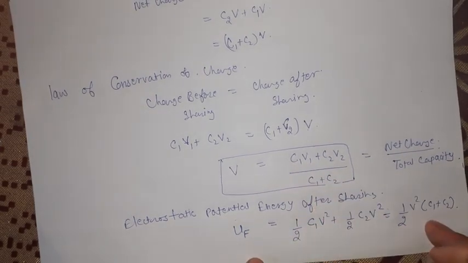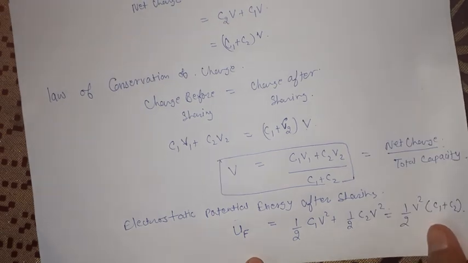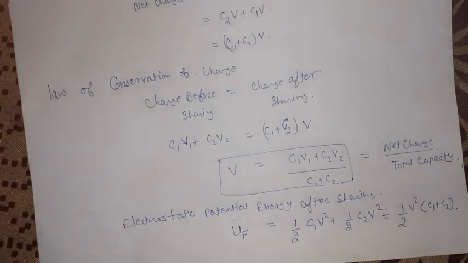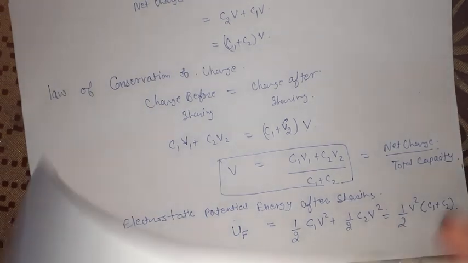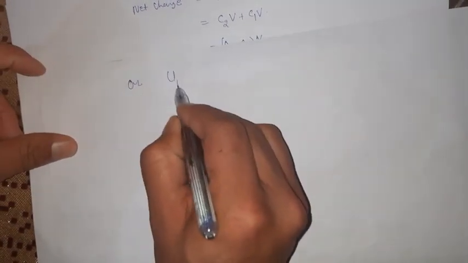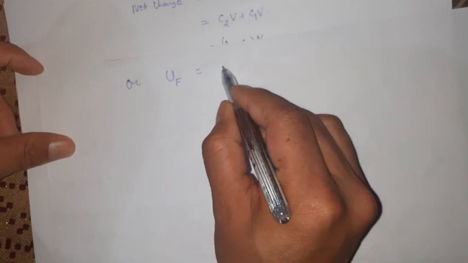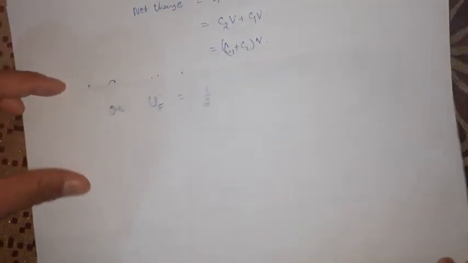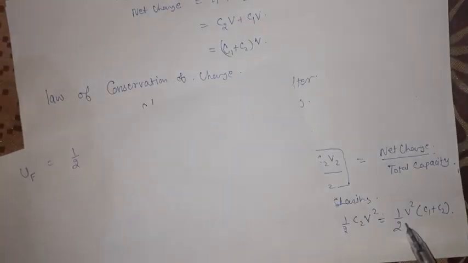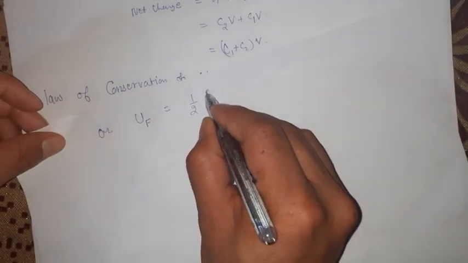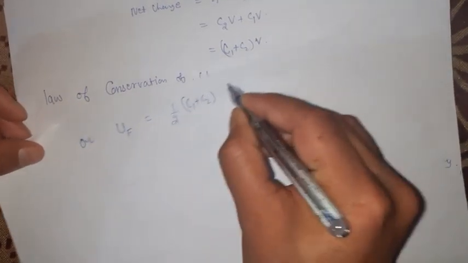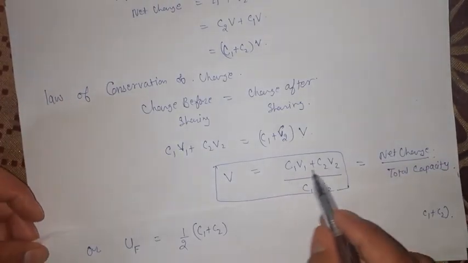That can be placed in this. So the final potential energy will be 1 by 2 (C1 plus C2) V square.